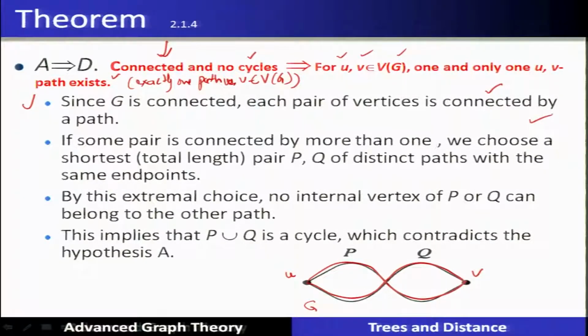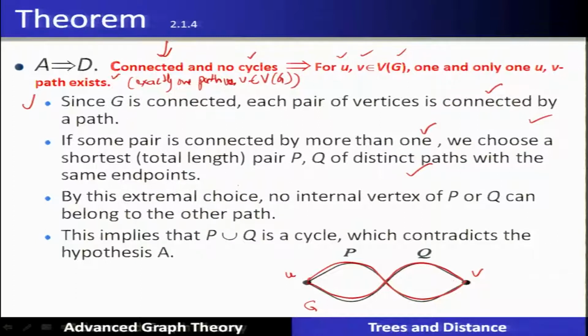So, if some pair is connected by more than one such path, we choose the shortest, that is the total length shortest path. For a pair, let us say p and q, suppose two shortest paths exist, two distinct paths with the same endpoints.